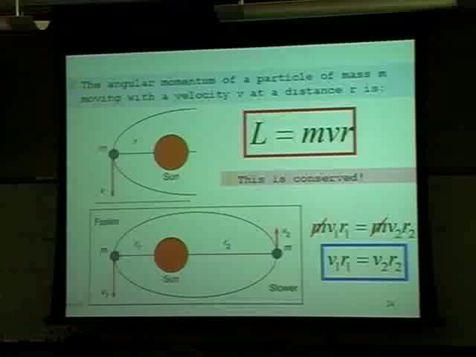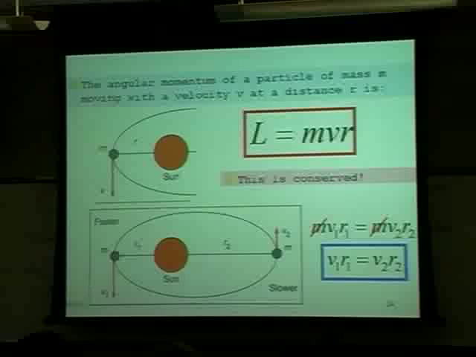The Earth moves faster at certain times than other times. Does anybody happen to know when we are closest to the sun? How did you know that? I heard it somewhere. We are closest to the sun in January. Right?